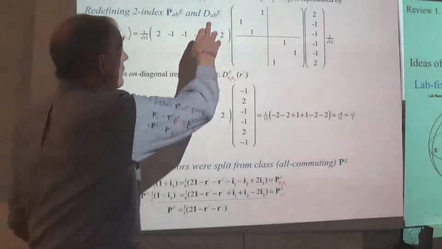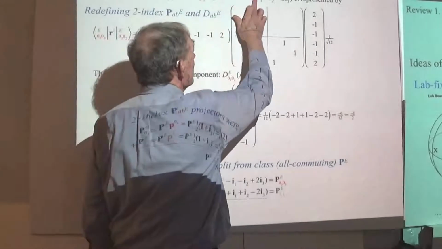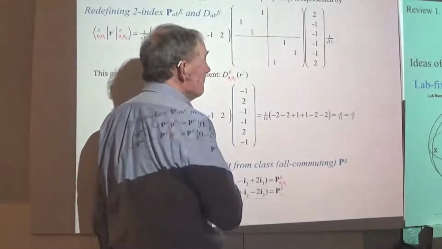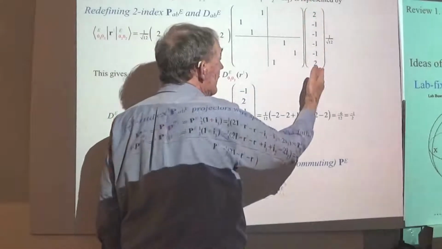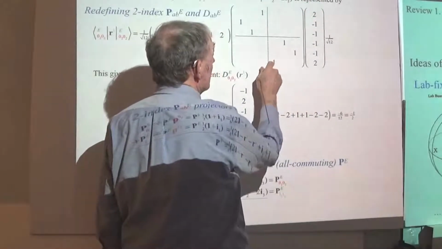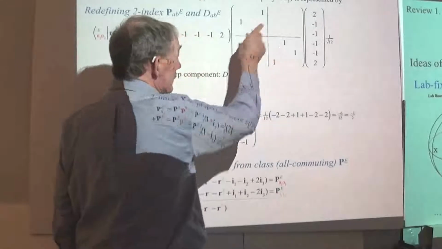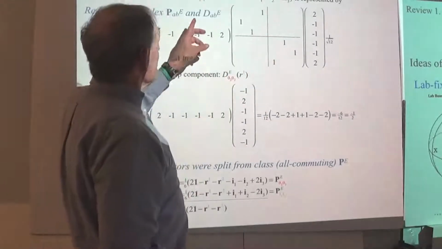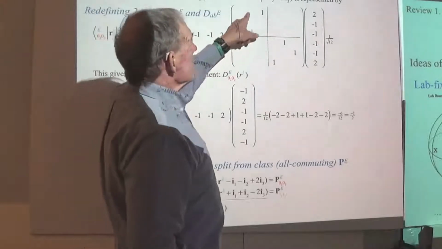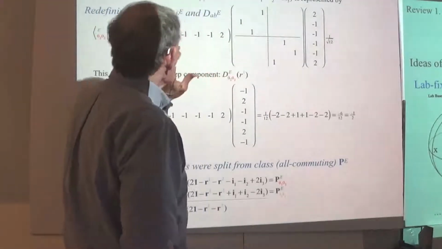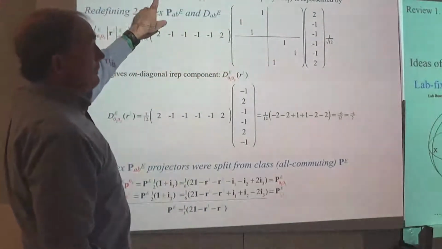So here it is with 2, -1, -1, -1, -1, 2. I'm going to put one of those on this side, and then I'm going to take the matrix that goes with the operation 120 degrees.